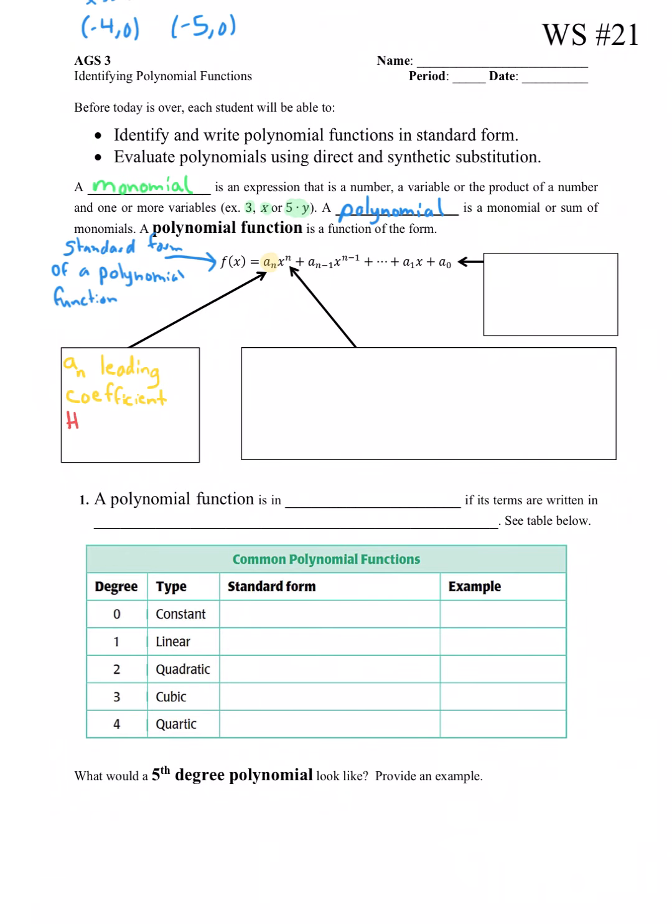For example, it has to be a real number, and it can't be 0. So the leading coefficient cannot be 0 and it has to be a real number. It can't be an imaginary number, which we'll talk about briefly, but we're really not going to go too far into them in this course.